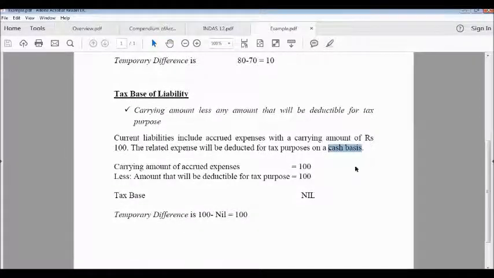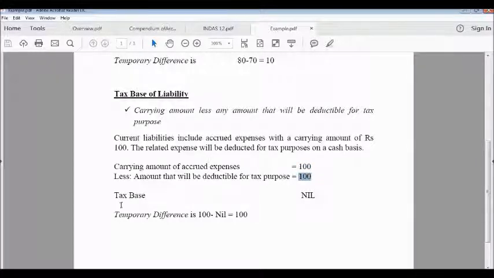So the carrying amount of that accrued expense is 100, but that expense will be deductible for tax purpose on the cash basis, when you pay it on actual payment basis, which is 100.